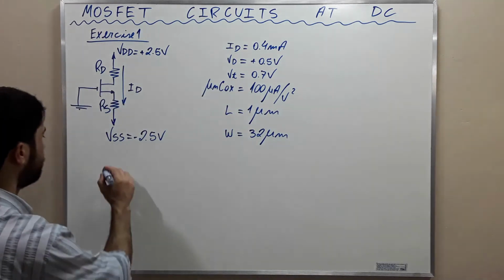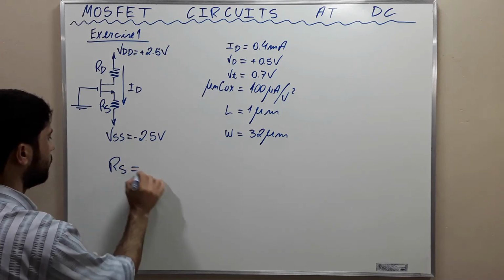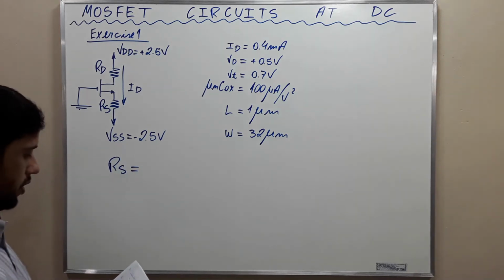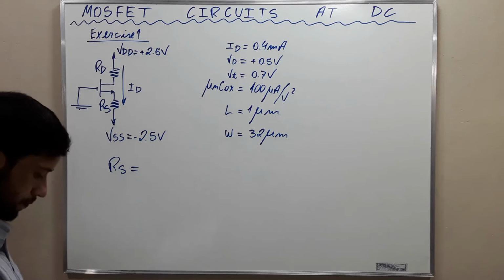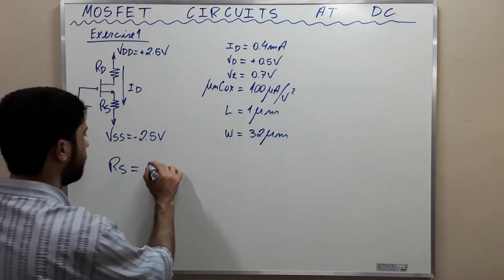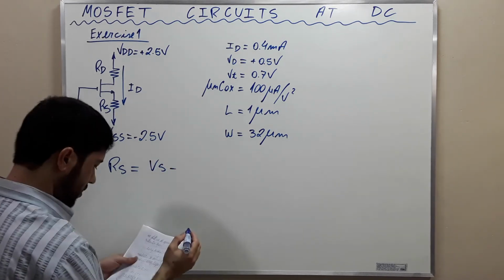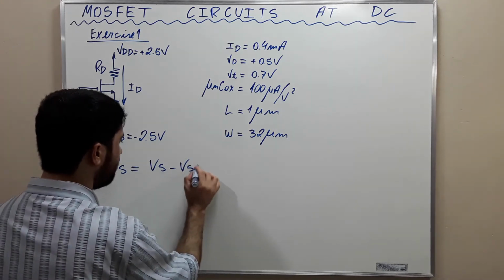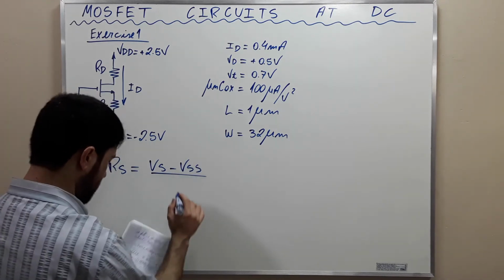RS will be equal to VS minus VSS divided by ID.